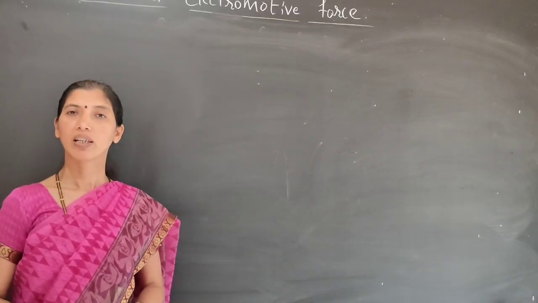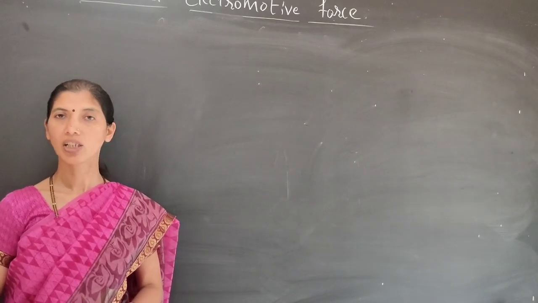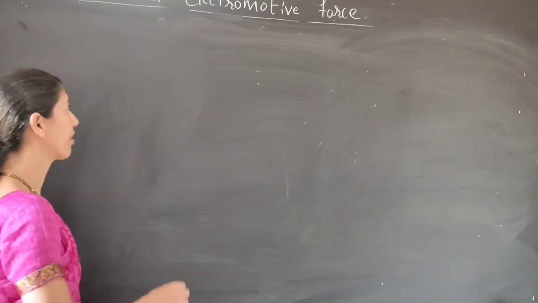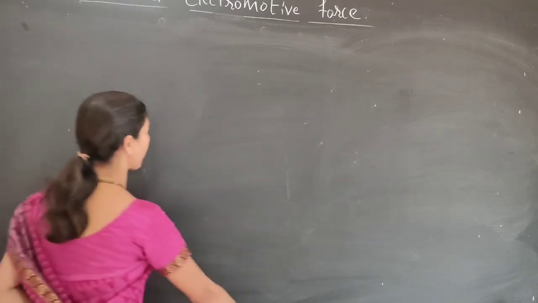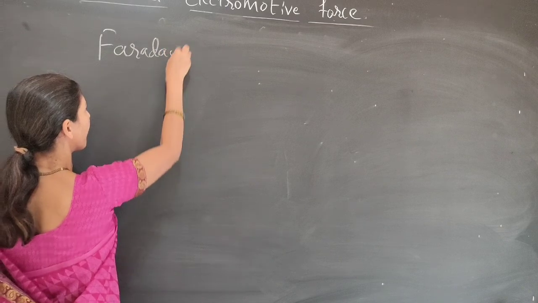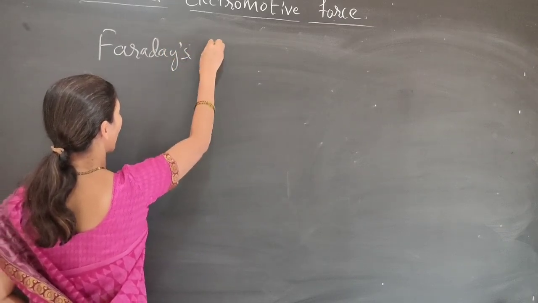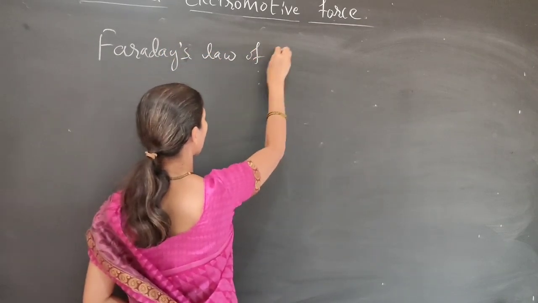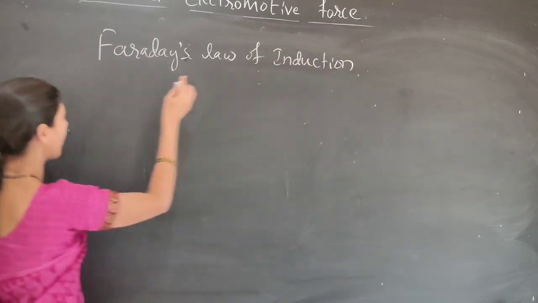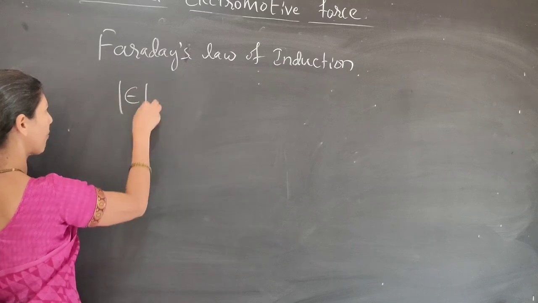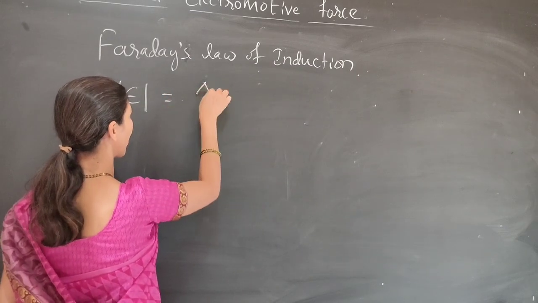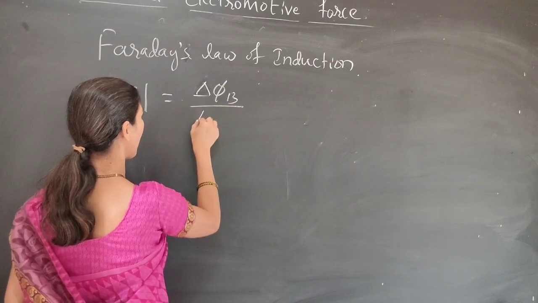Now there is one interesting relation between the charge flow through the circuit and the magnetic flux. Let us discuss that one. From Faraday's law of induction, we know that the magnitude of EMF E is equal to delta phi B divided by delta t.